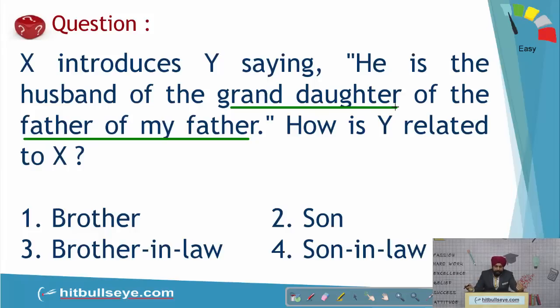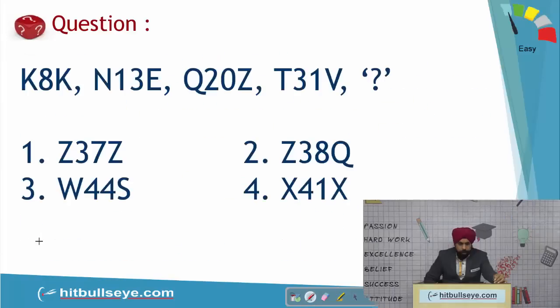Now X says Y is to introducing Y that he is the husband of the granddaughter of the father of my father. So my grandfather's granddaughter, my sister and her husband. So how will he be related to me? He will be my brother-in-law. Right, students?